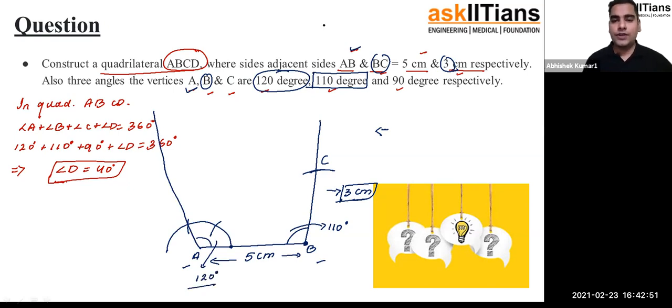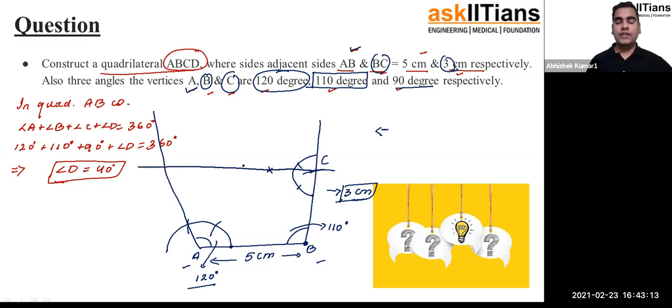Understood? What's the value of angle C? Angle C is provided to you, that's equal to 90 degree, guys. So here you have to draw a 90 degree angle. Again, you can use compass for that. First arc, second arc, you bisect it at a point and then join it.